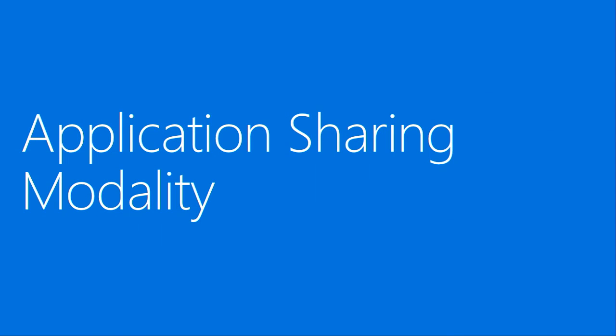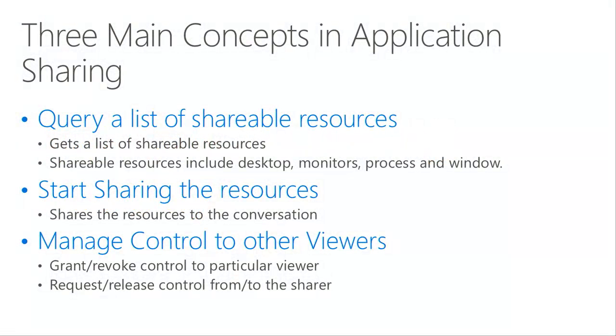Okay, so now let's talk about the application sharing modality. For the application sharing modality, we have 3 main concepts that we need to know. The first one is we need to query a list of shareable resources. That means before we start sharing, we need to know what is available to share.